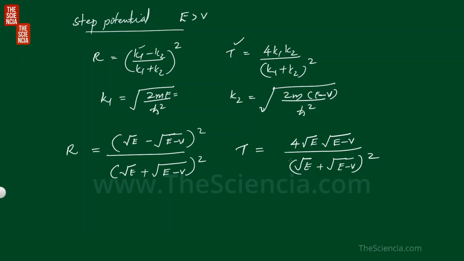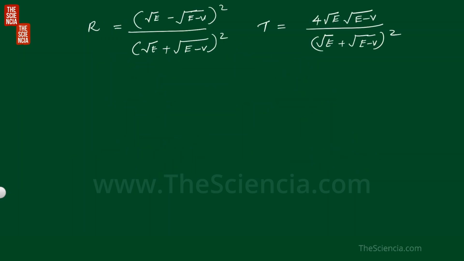So these are very important equations. One example problem. There is a step potential and the height of the potential is 30 electron volt, that is its energy.